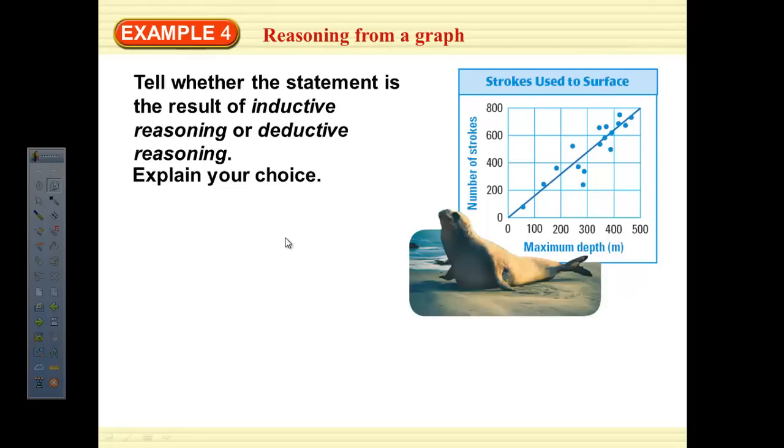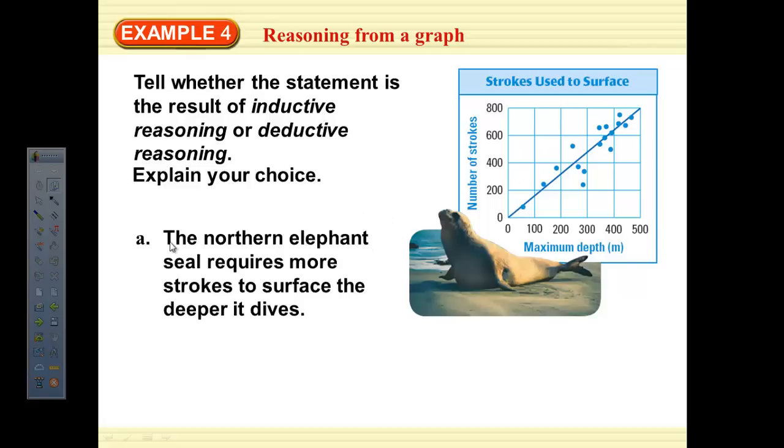Alright, now we're going to look at this chart. If you look, we're comparing the depth that a seal is going to and the number of strokes they need to use. You notice, in general, if we look at the pattern, as the depth increases, so does the number of strokes.